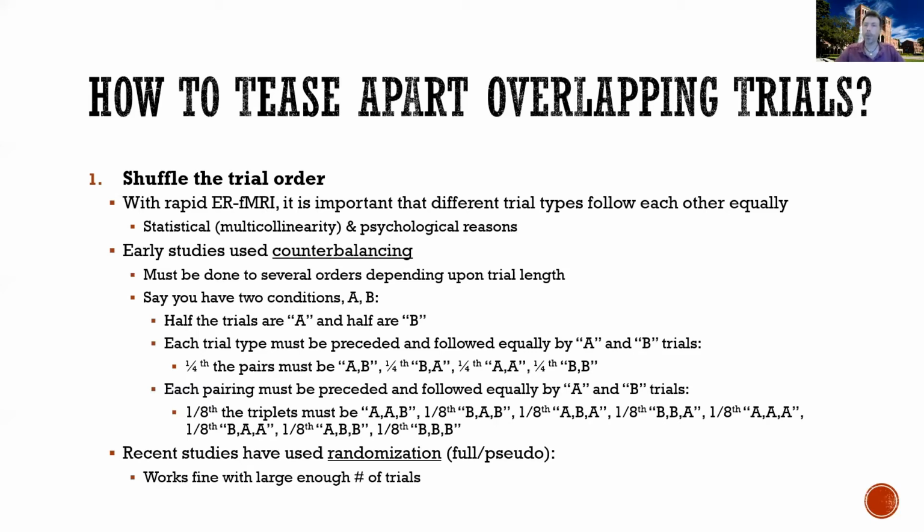Other times, people use what are known as pseudo randomizations, or constrained randomizations. For example, imagine that you're showing a number of faces and a number of houses. In order to have more trials, maybe you only have, let's say, 20 pictures of faces and 20 pictures of houses.